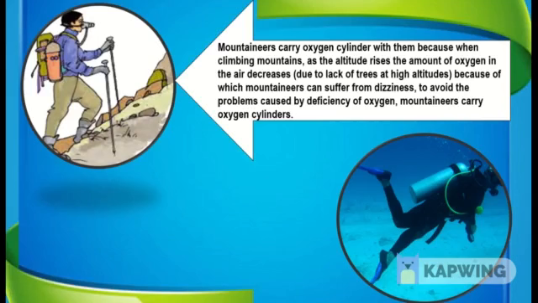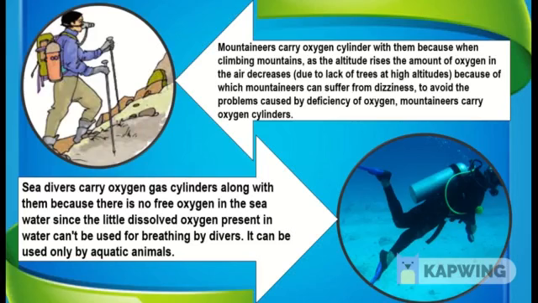Okay, now, who is he? A sea diver. And you can see he is also carrying a cylinder on his back. So, why is it so? Sea divers carry oxygen gas cylinders along with them because there is no free oxygen in the sea water.